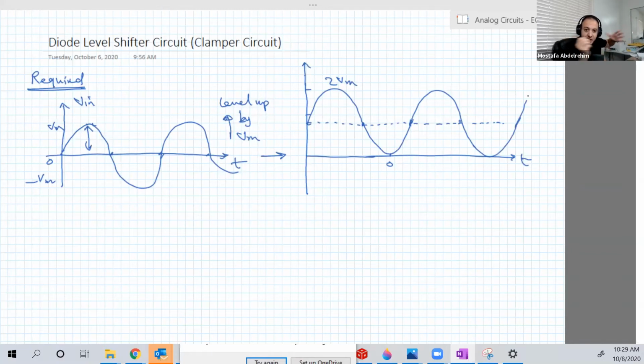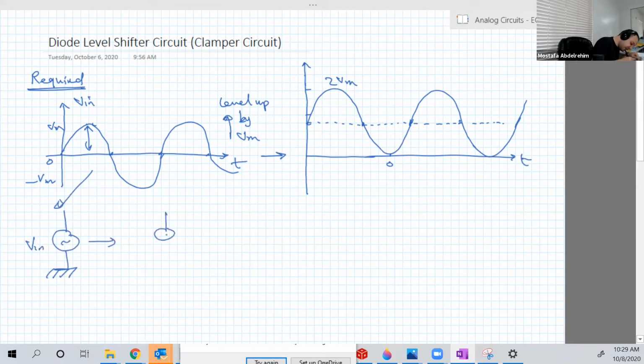And by paper, this is easy to do, by the way. If you have a source like this, you can do that very easily. Just put a battery in series with V input, so this will give us this guy. But a battery by default is costly.